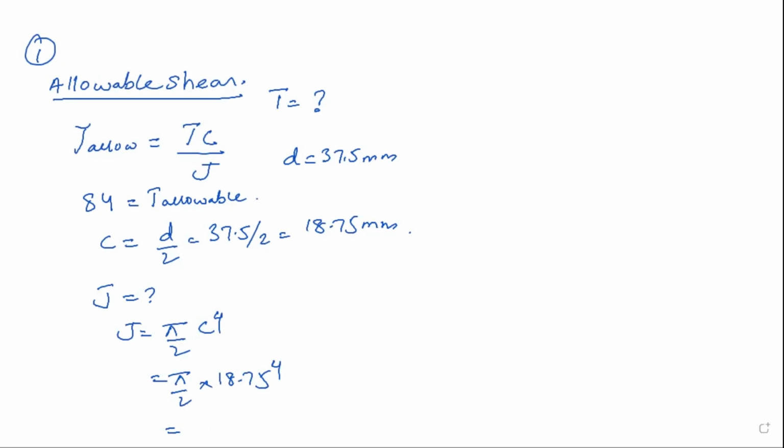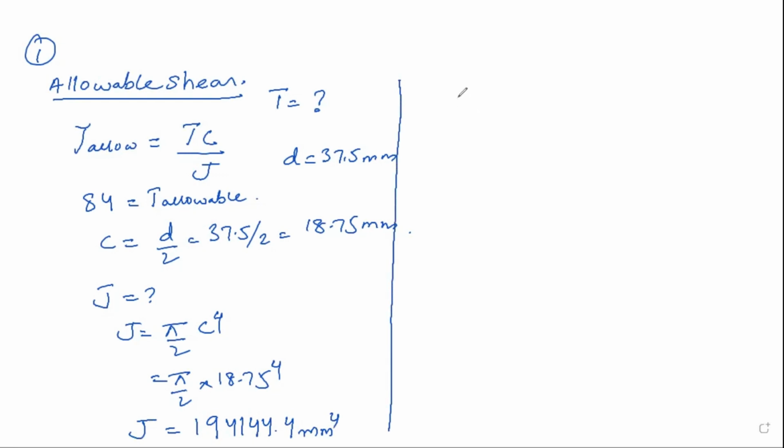Pi by 2 into 18.75 power 4 will be 194,144.4 millimeter power 4. This is our J. We can calculate in this way, or we can put it in the formula directly. It's up to you.